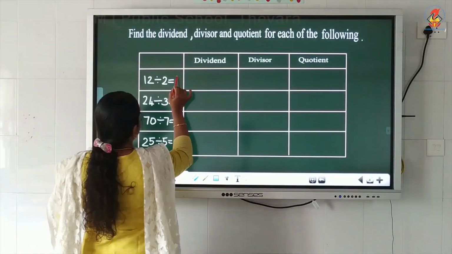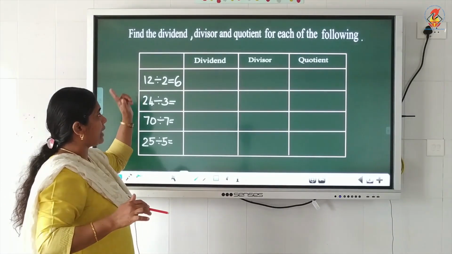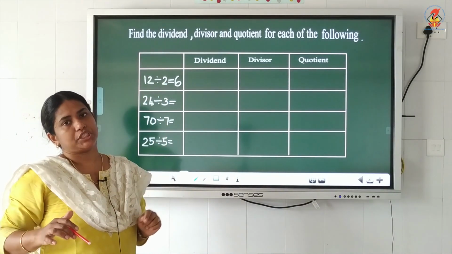That is our quotient. Got it? Once again, while dividing a number, we are actually finding out by which number we multiply 2 to get the number 12. So start counting the table of 2, how many times you get 12. 6 2's are 12. So that is our quotient.